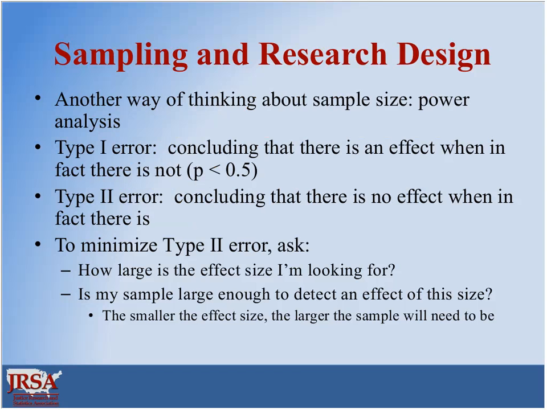When we think about internal validity, randomized control trials and significance testing, we usually talk about, if you remember back to your statistics class, type 1 error, which is concluding that there is an effect, in this case a difference between the experimental and control groups, when in fact there's not.